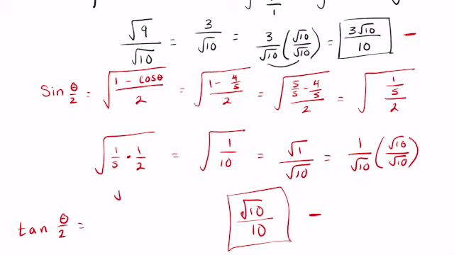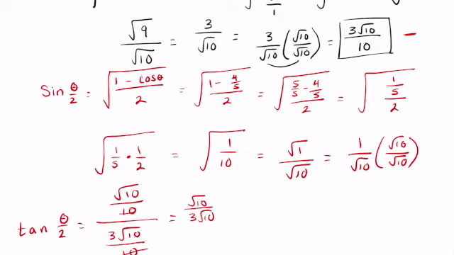Well, then I can just do the sine half angle divided by the cosine half angle, and we can just simplify. Well, those are going to cancel, giving me root 10 over 3 root 10, and then we can see that those root 10s are going to cancel, giving me 1/3.